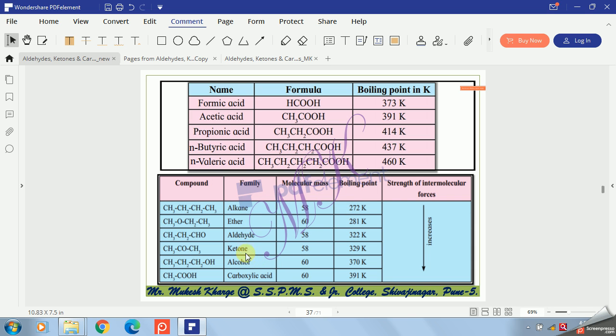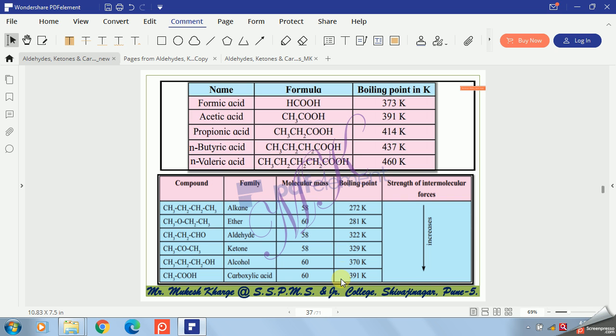As compared to aldehyde and ketone, there is strong intermolecular hydrogen bonding in alcohol, because a carbon-oxygen bond is present in the aldehyde group, but in alcohol -OH is the functional group, so alcohol has much stronger intermolecular hydrogen bonding, so alcohol has higher boiling point than aldehyde and ketone also.